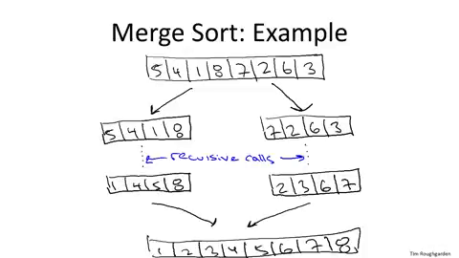In effect, you just walk pointers down each of the 2 sorted subarrays, copying over, populating the output array in sorted order. But I will give you some more details in just a slide or 2. So that's merge sort in a picture. Split it in half, solve recursively, and then have some slick merging procedure to combine the 2 results into a sorted output.